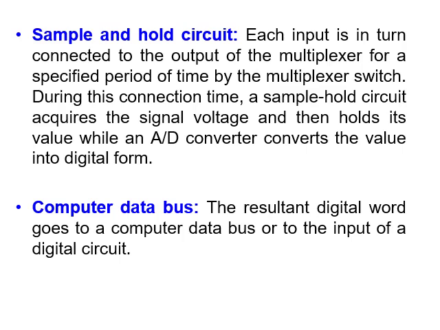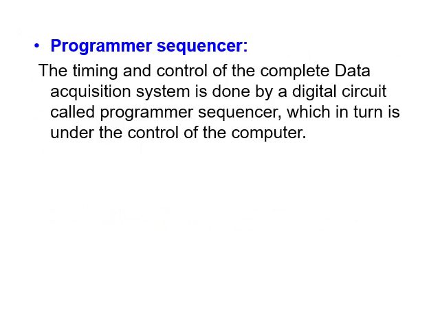And then computer or data bus means the data is now ready to go inside the computer, or what we call here, it's going to flow through the data bus. So the operation of the data acquisition system is going to be done through a program sequencer, which will send the instructions or the signals to the parts of the data acquisition system to operate in a synchronized way.